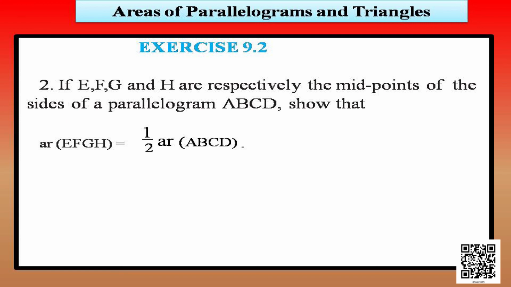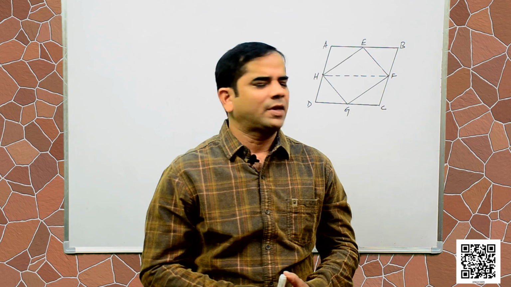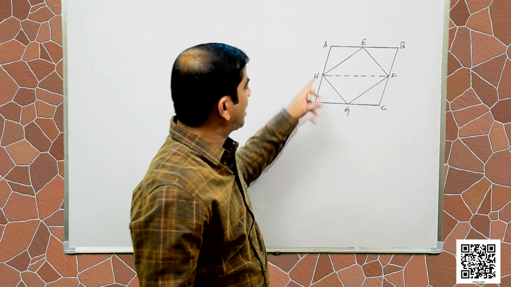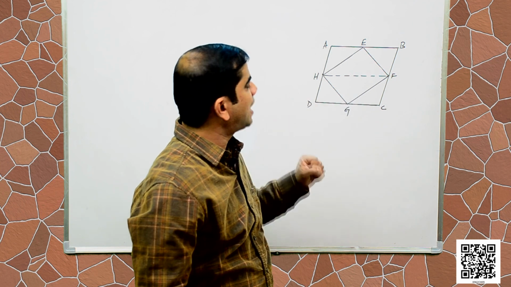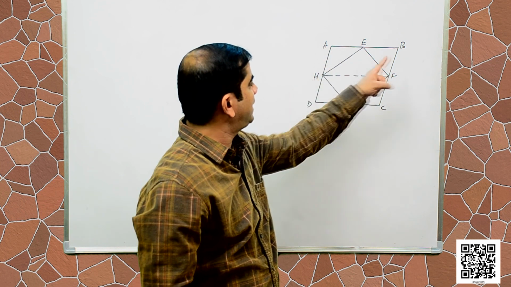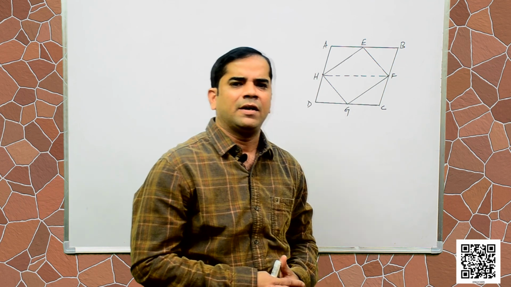For this, let me draw a diagram, then we will go with the solution. Okay. Students, as per the given data, I have drawn parallelogram ABCD and E, F, G, H are the midpoints of AB, BC, CD and AD respectively.